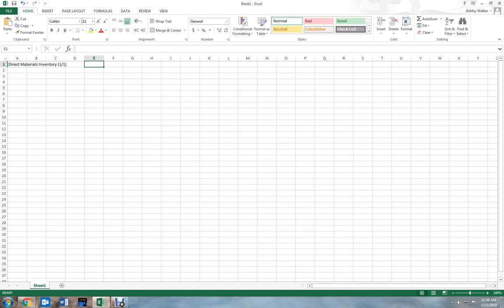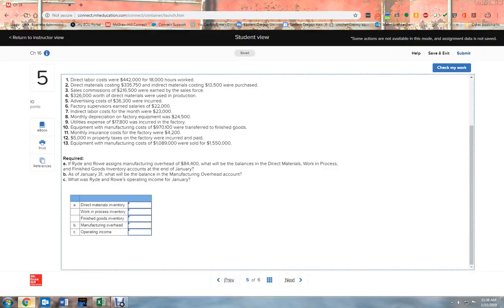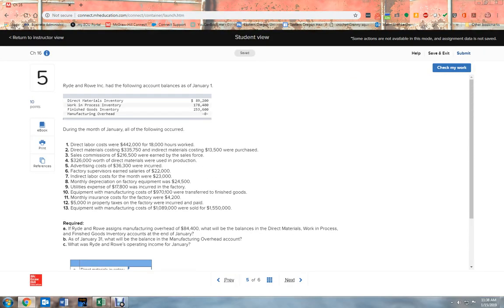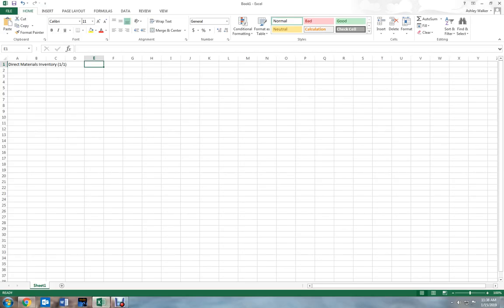I go back and look at my fact pattern, and my direct materials inventory as of January 1st was $89,200. I'm going to stick that in there. Now, what else is going to go in my direct materials inventory? I would have started with stuff already in that inventory, and anything else I purchase is going to go in there as well.